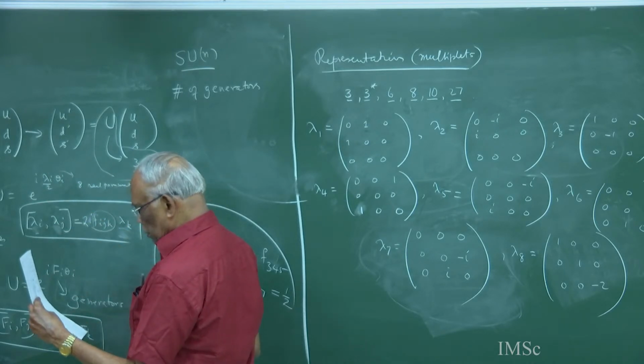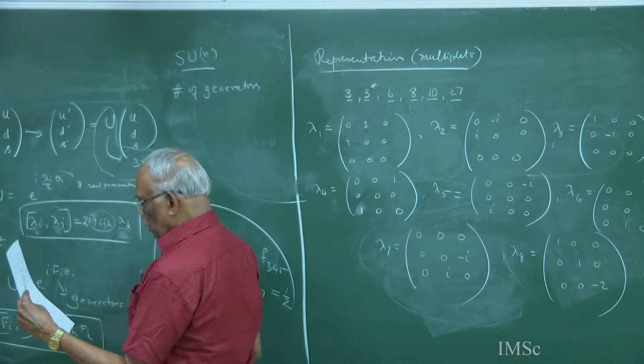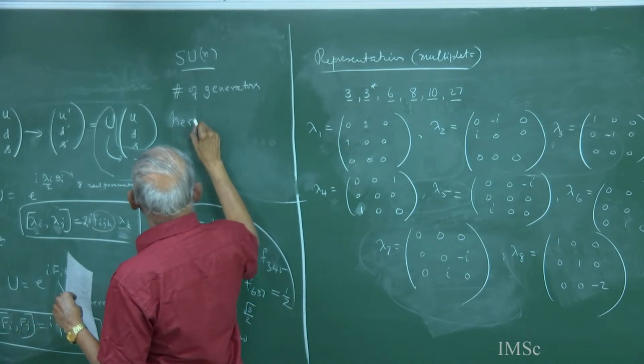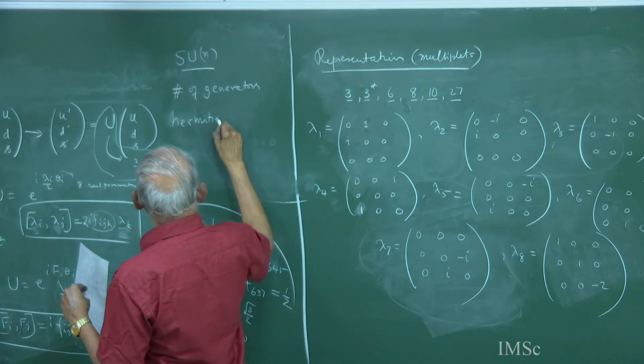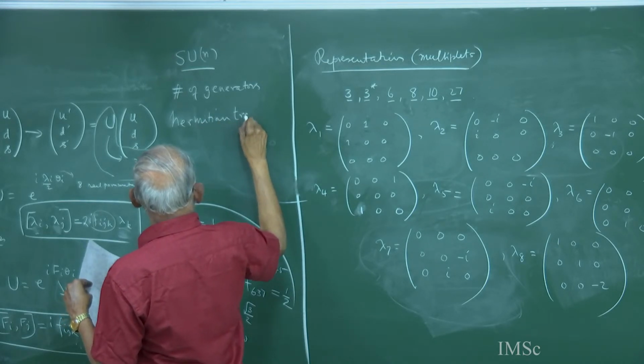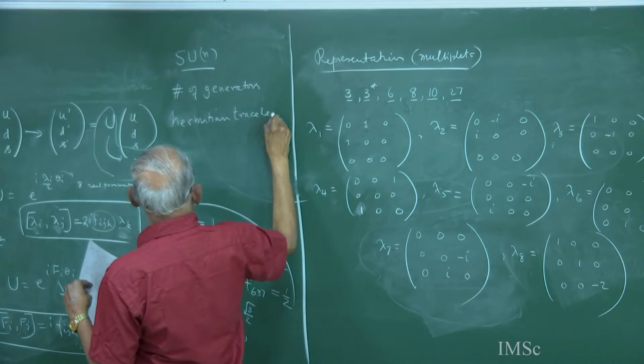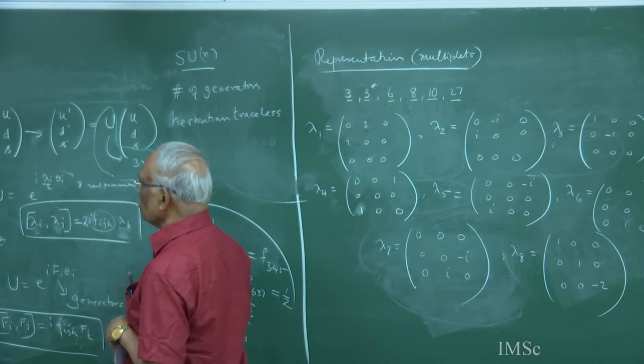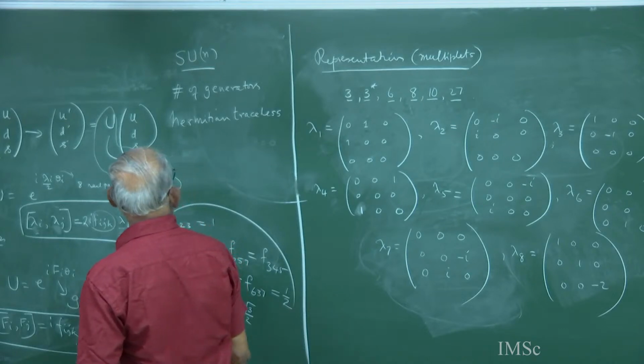How many independent numbers are there in the n by n Hermitian traceless matrices we want? How many independent matrices can you construct? Those will correspond to the number of parameters which define the group element.